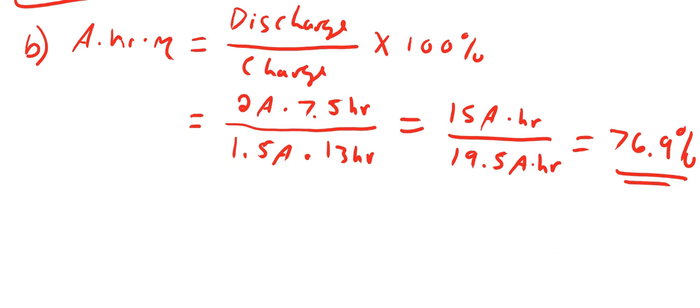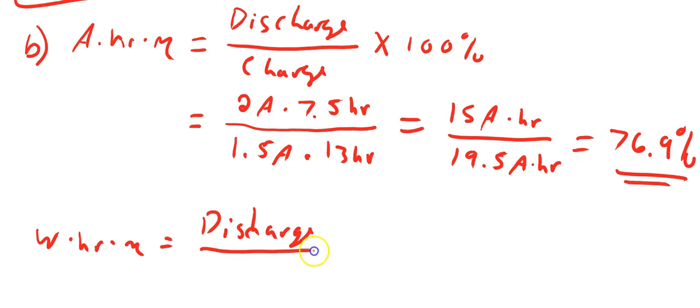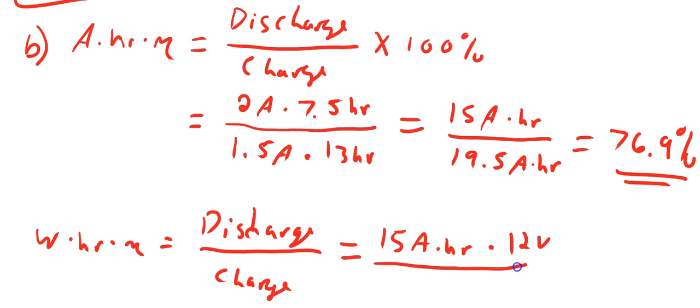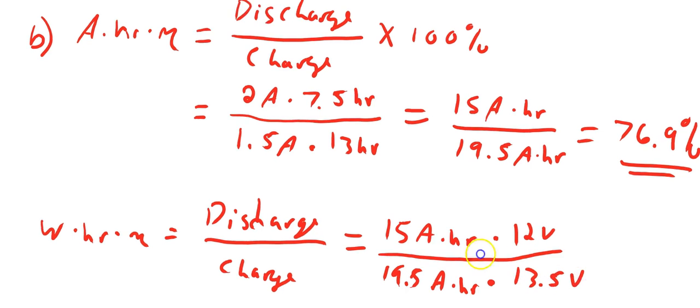Now for the watt hour efficiency, we again have the discharge watt hours divided by the charging watt hours, and in order to do that, we can take the discharging 15 amp hours and multiply it by the average discharge voltage, which was 12 volts, divide that by the charging amp hours multiplied by the average charging voltage, which was 13.5 volts.